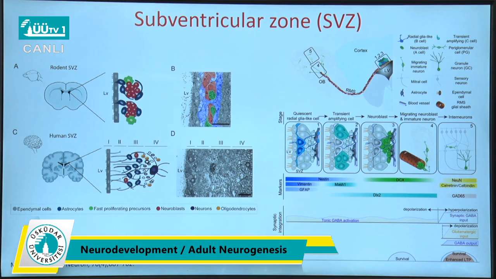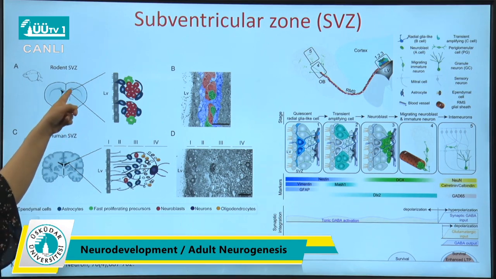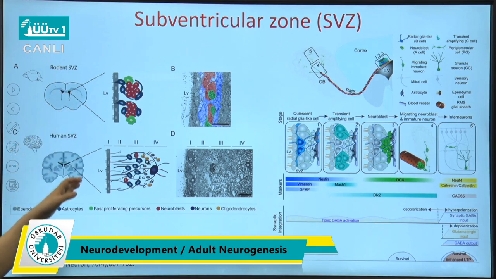So when we look into the differentiating cells, we actually see again radial glial-like cells being the most important source for both proliferation and differentiation. Then we have populations of transiently amplifying cells and neuroblasts. In the rodent brain, as you would see here, the subventricular zone is located towards the striatal side of the lateral ventricle, and in the human brain the location is exactly the same.